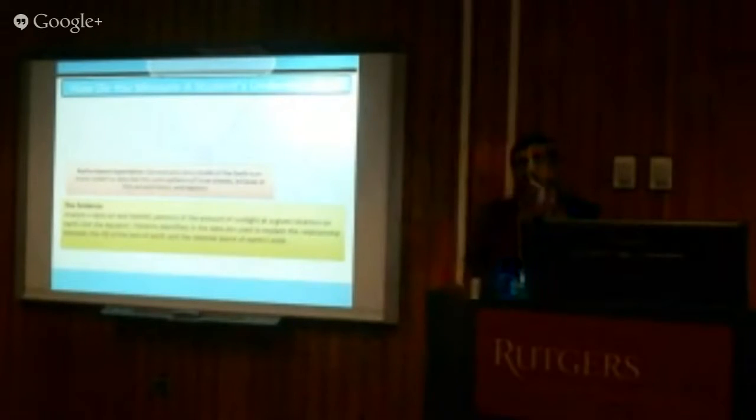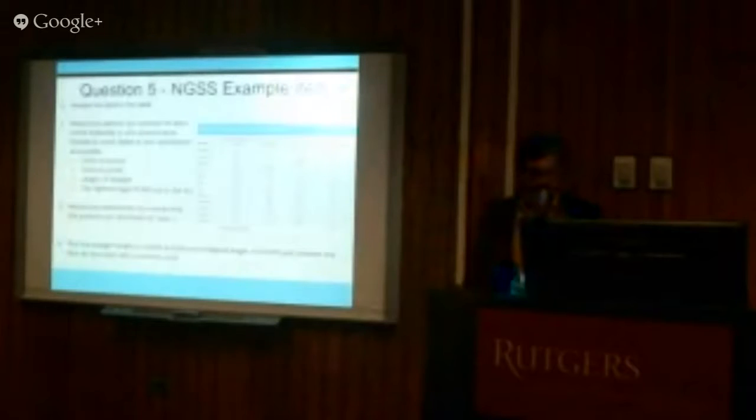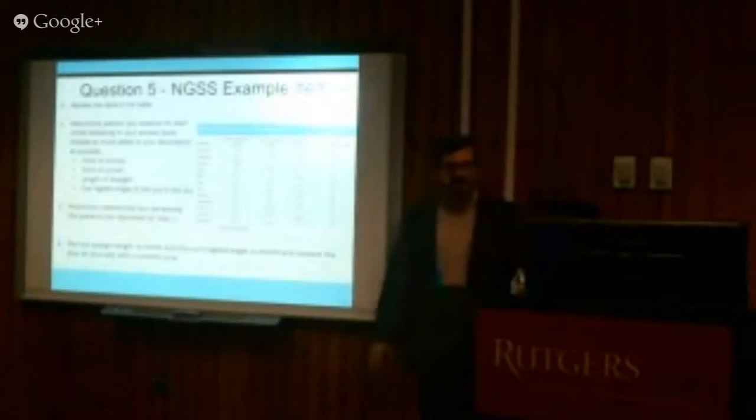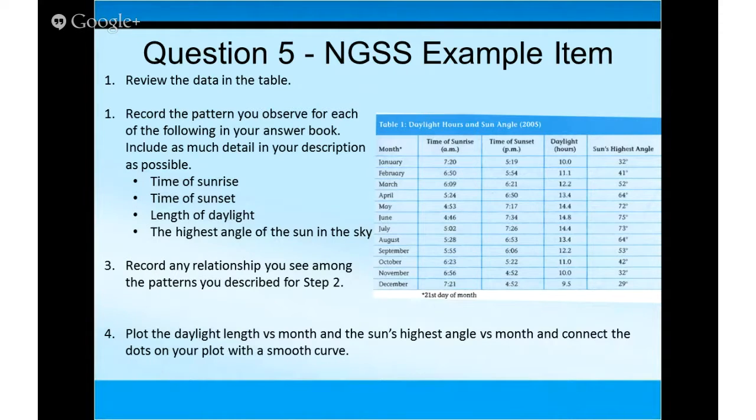So let's look at an item that would align to what I've done here. There's actually 5 pieces to this. The 5th one is on the next slide. I couldn't fit it. And it's fair to note that the other one was a multiple choice, and this is obviously not a multiple choice. So it's not apples to oranges, but there is a difference here. So that's fair if you want to make that comment.